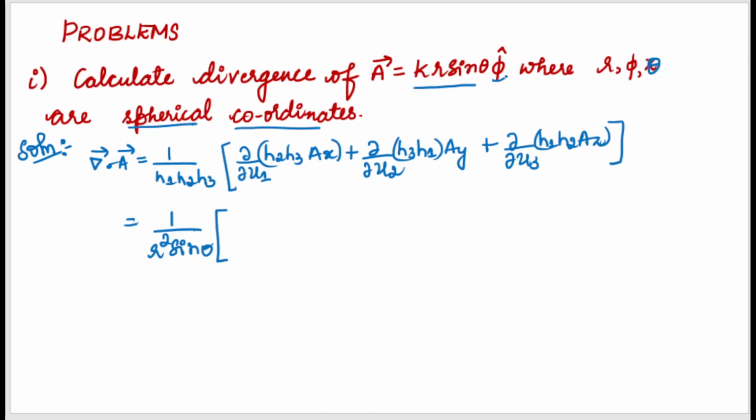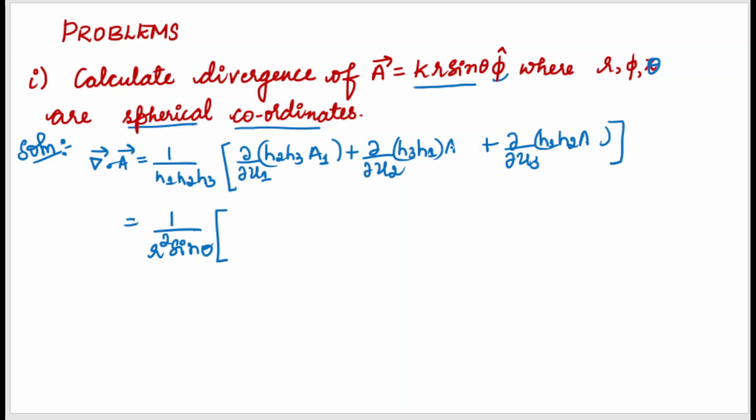Now, carefully observe the question. They have given only the phi cap. In the sense, instead of ax it should be ar, here it should be a theta, and here it should be a phi. Let me write it properly, or you can write it as a1, a2, and a3. That is also fine.